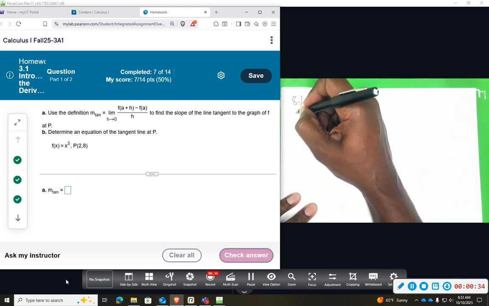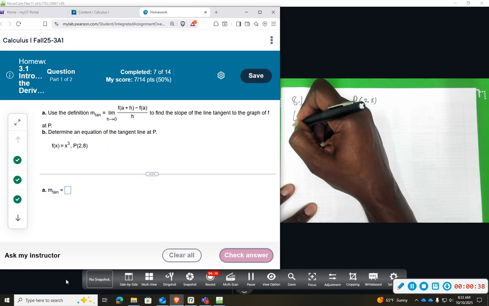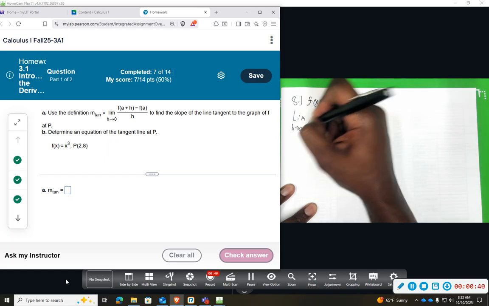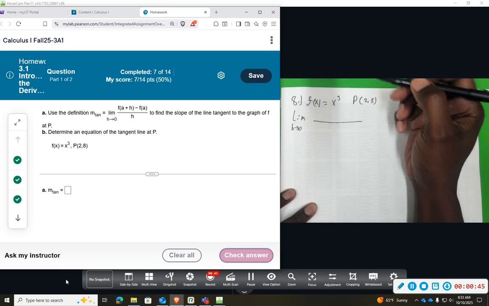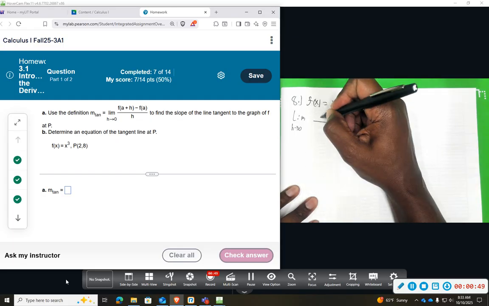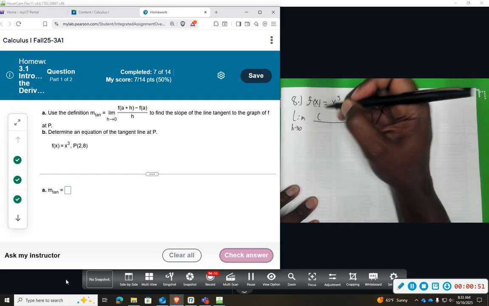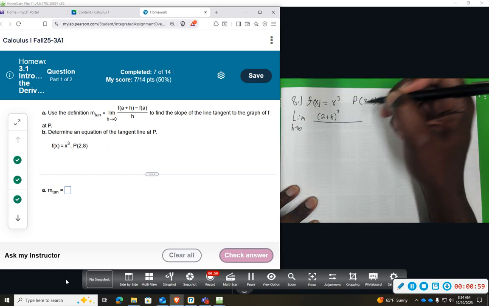Okay, so start with the limit as h goes to 0, and then f of a plus h. The 2 is our a value. So x to the third, we're going to do 2 plus h to the third.